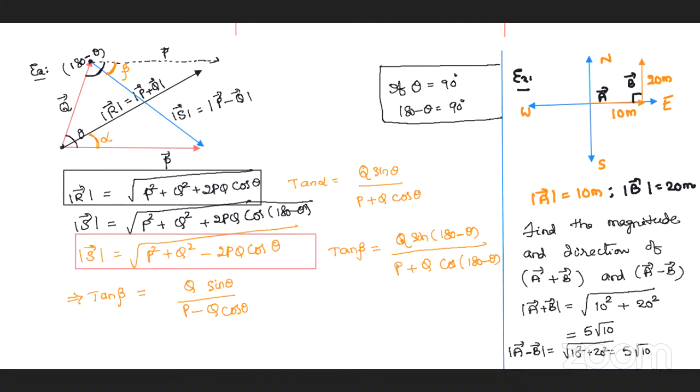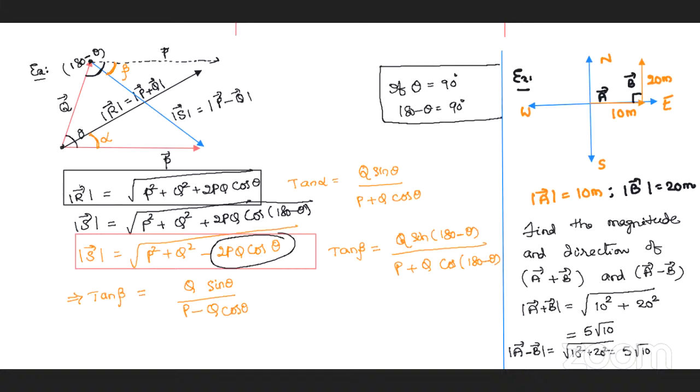Even here, mod S bar for subtraction of two vectors is root of p square plus q square minus 2pq cos 90. Cos 90 is again 0, so this component becomes 0 and mod S bar equals root of p square plus q square. There I am getting root of p square plus q square, and here also you are getting root of p square plus q square.